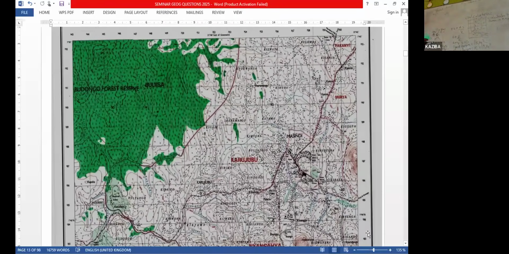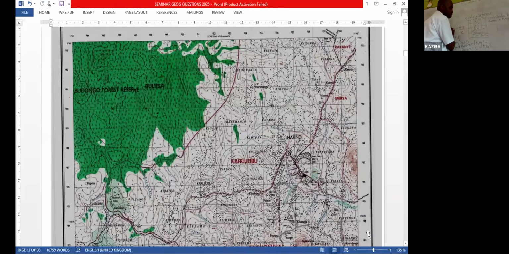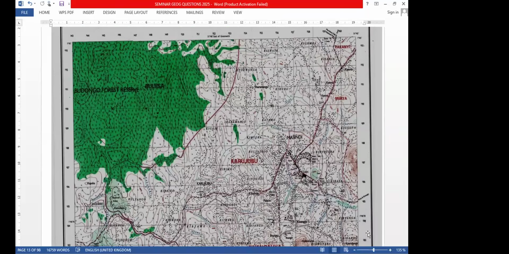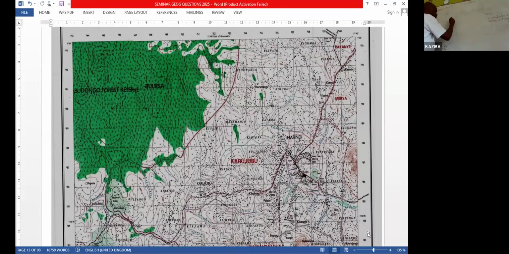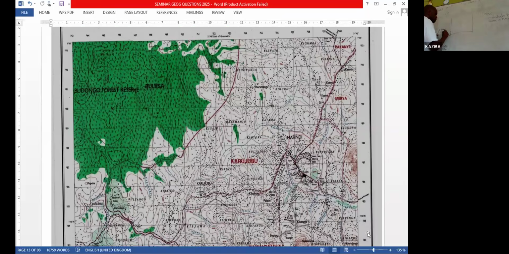Then we also have another calculation, and that calculation is about after drawing a cross section. For example, if you draw your cross section like this, let's say started from 1,500, 1,600, 1,700, 1,800, 1,900.